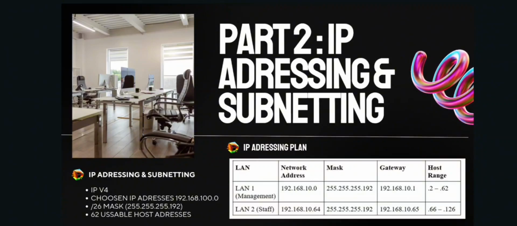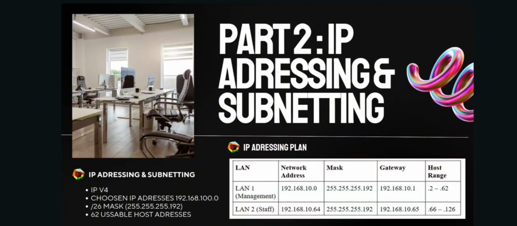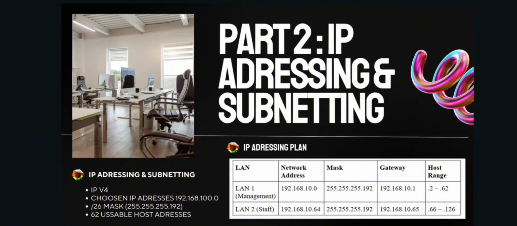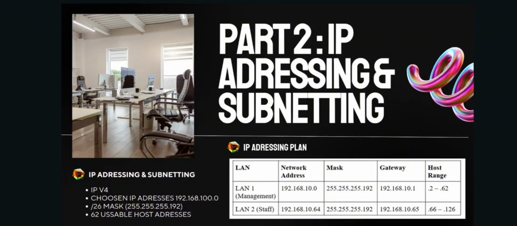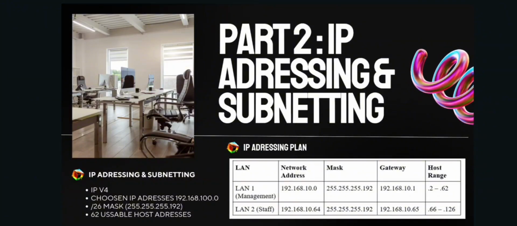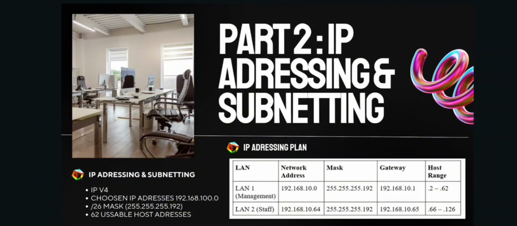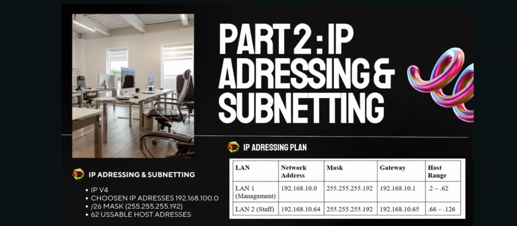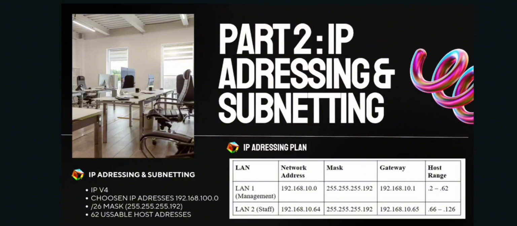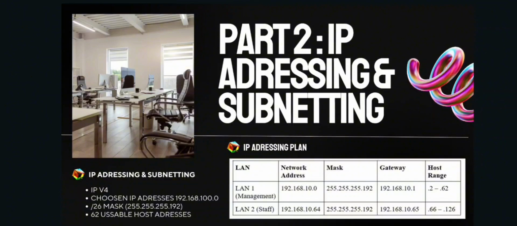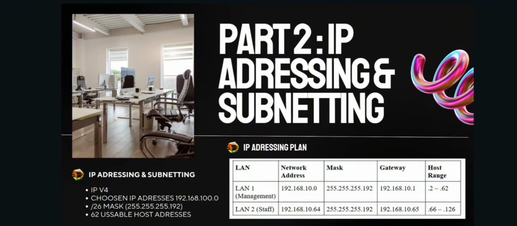I'm going to explain first about LAN 1, which is local area network 1 for the management network. We use the following configuration, as you can see in the slide. We use the network address 192.168.10.0, the subnet mask 255.255.255.192, and for the default gateway, we use 192.168.10.1.